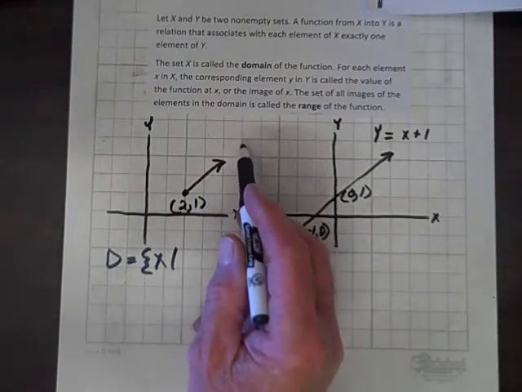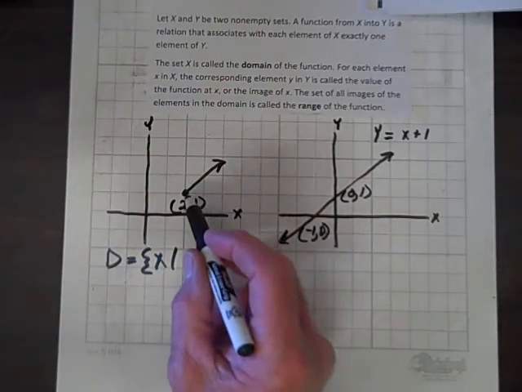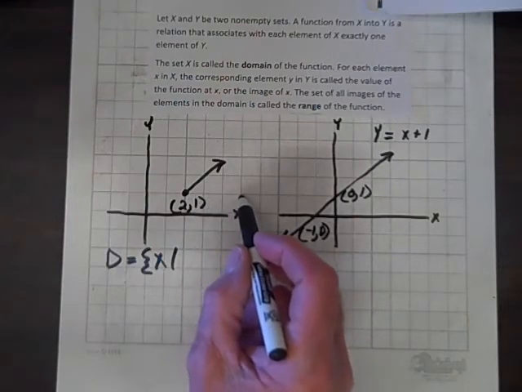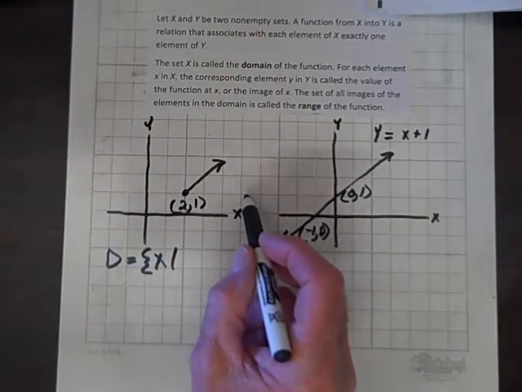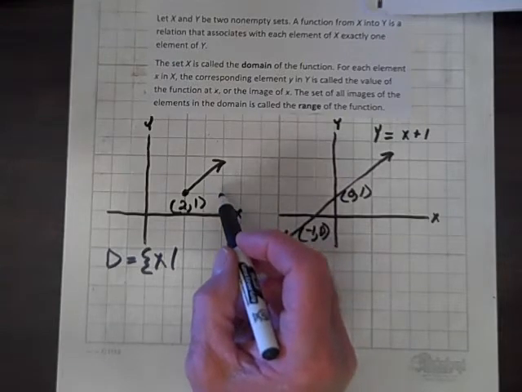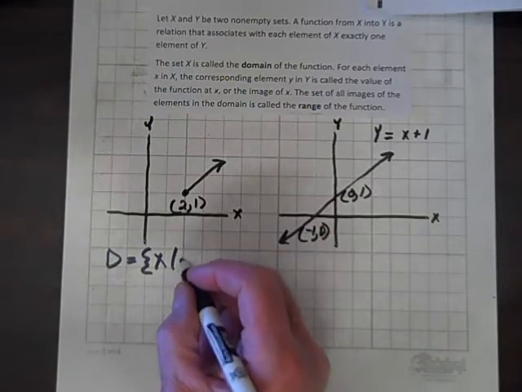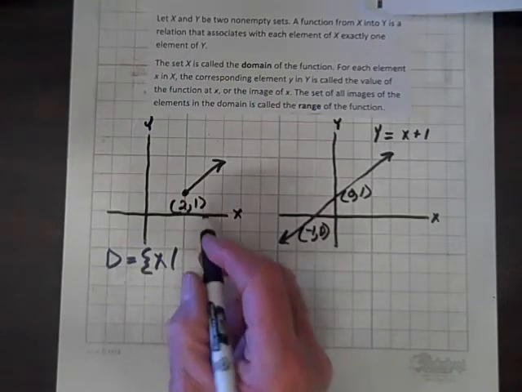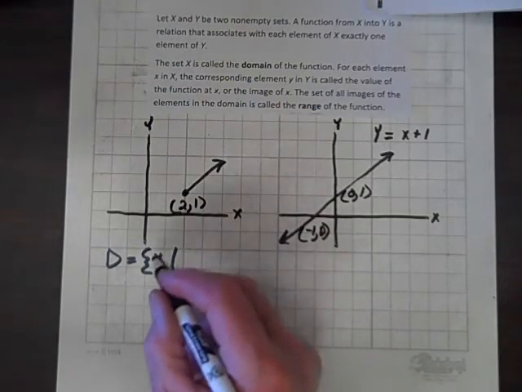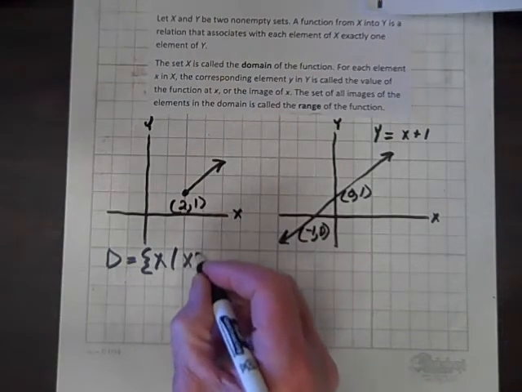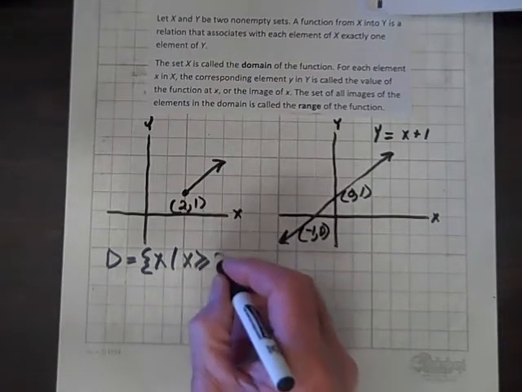This ray goes on forever. It's going to have an infinite number of x coordinates to the right, and it's going to have an infinite number of y coordinates above. So the domain is the set x such that x is greater than or equal to 2.